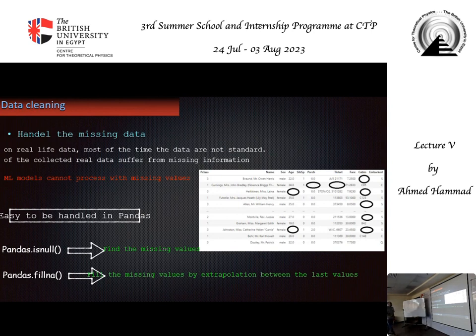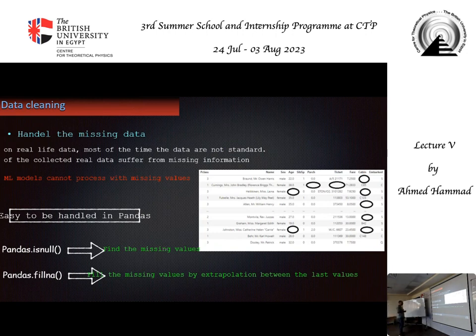So in your data, maybe you face something like that. And here we have classes: first class, second class, third class. And here the names of some of the users, age, and some cabin, things like that. So this is information for passengers on an airplane. And at some point there is missing information over here.